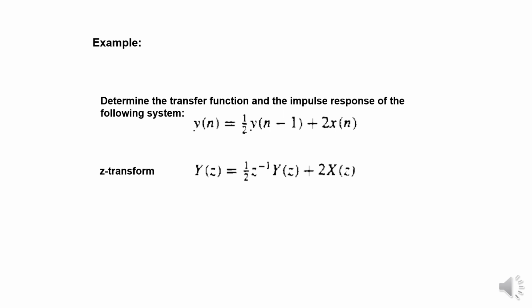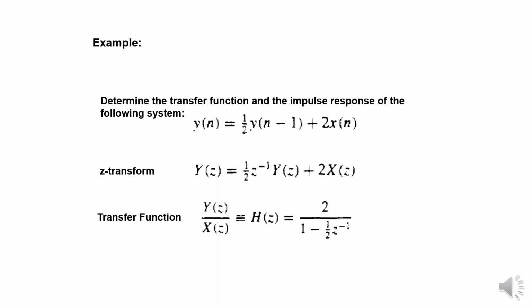The transform you get is Y(z) = 1/2 z^-1 Y(z) + 2X(z), because y[n-1] has z transform of z^-1 Y(z), and 2x[n] gives 2X(z). Then take all the X values to one side, the Y values to the other side, then divide Y(z) by X(z). Then you get the transfer function H(z) = 2 / (1 - 1/2 z^-1).